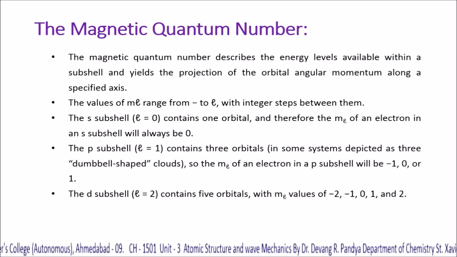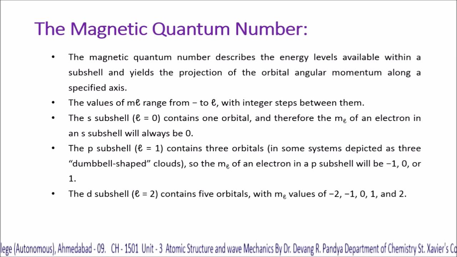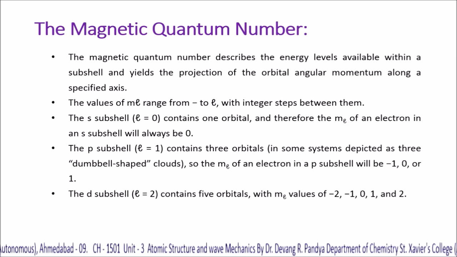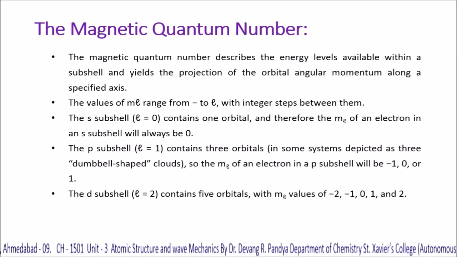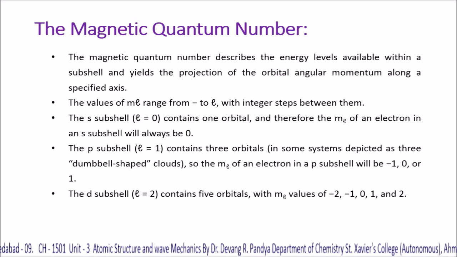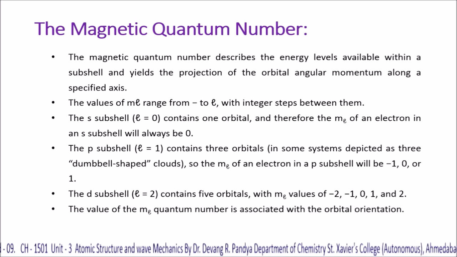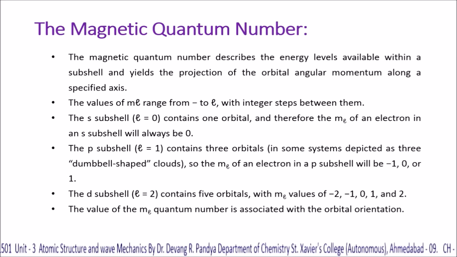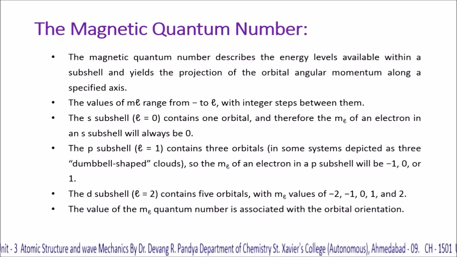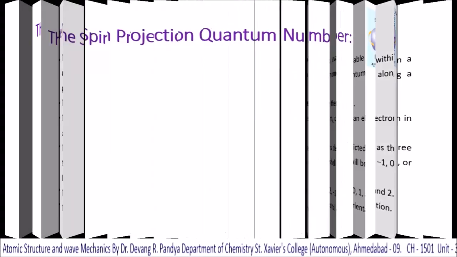Similarly, the f subshell, L is equal to 3, contains 7 orbitals with m subscript L values of minus 3, minus 2, minus 1, 0, plus 1, plus 2 and plus 3. The value of the m subscript L quantum number is associated with the orbital orientation.